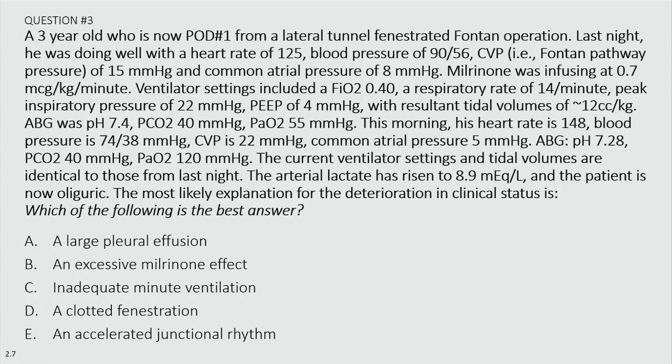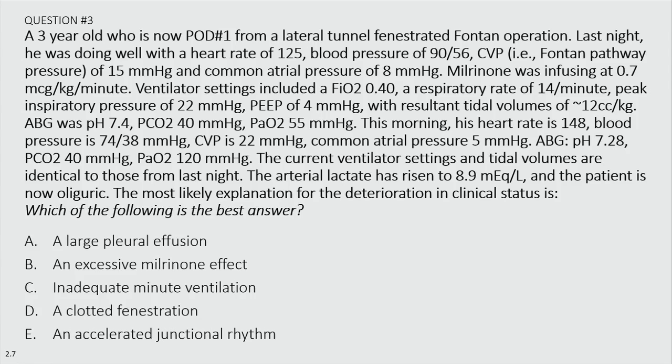The ventilator settings included 40% oxygen, respiratory rate of 14, inspiratory pressure of 22, PEEP of 4, with a resultant tidal volume of 12 cc's per kilo. Your ABG last night was 7.4, PCO2 of 40, and PO2 of 55. So this morning you come back the next day and this kid's in trouble now.